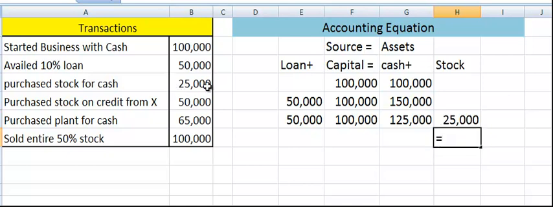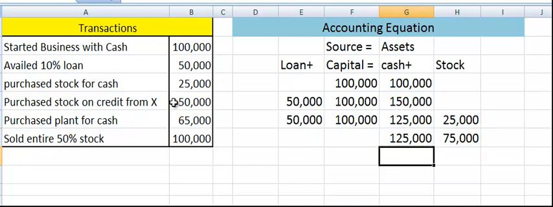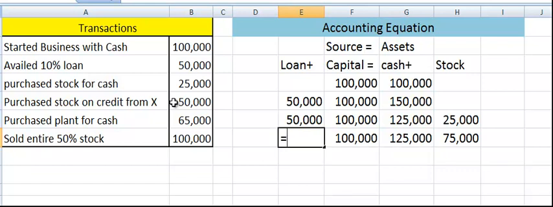So the stock will go up by 25 plus 50. No change in the cash, no change in the capital, no change in the loan, but a new source coming up, and that is called Mr. X, a creditor. Okay, and that is 50,000.